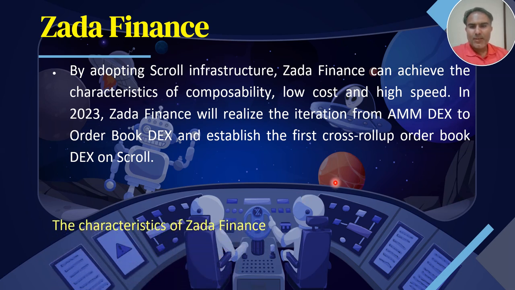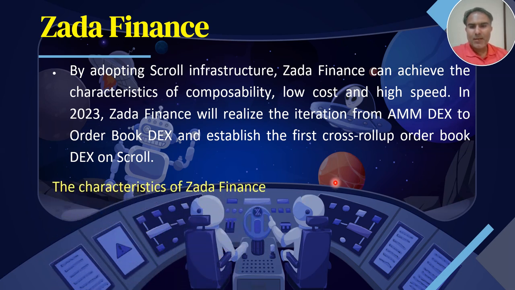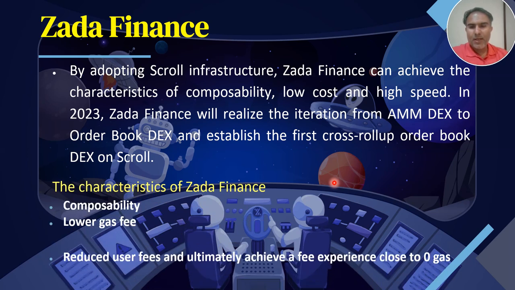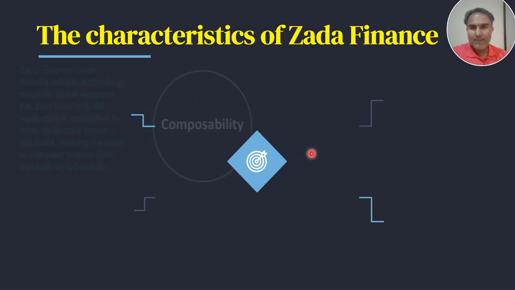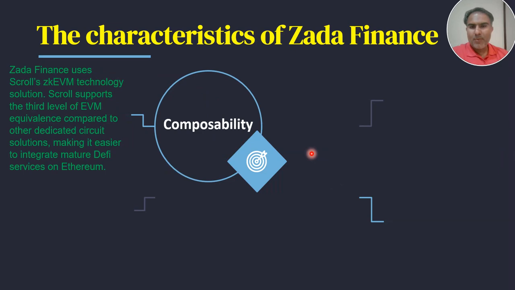But what are the characteristics of Zada Finance? Composability, lower gas fee, reduced user fees, and ultimately achieving a fee experience close to zero gas, and security. Let's talk about composability. Zada Finance uses Scroll's ZK EVM technology solution.